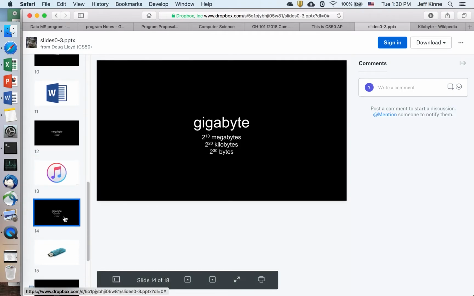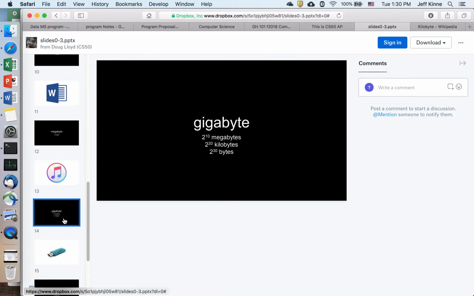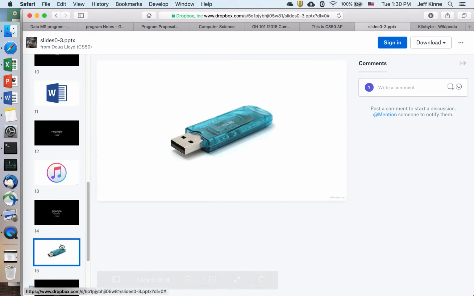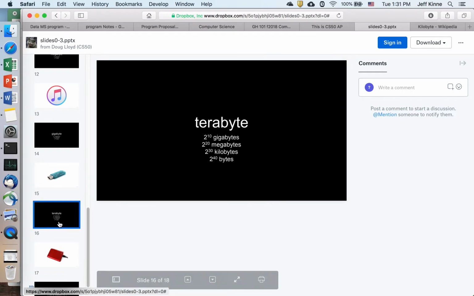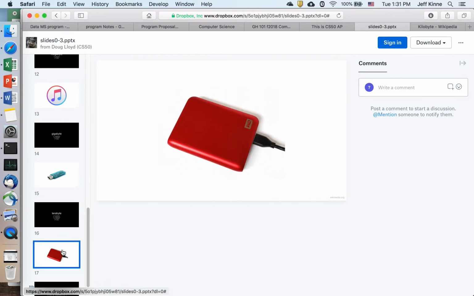Then we get up to gigabytes, which we've already discussed. Something of size of gigabytes is a USB flash drive. That's probably 8 or 16 or 128 gigabytes. Terabyte is the next multiple of 1,000. And currently, disk drives and solid-state drives are around a terabyte, 2, 3, 4 terabytes.